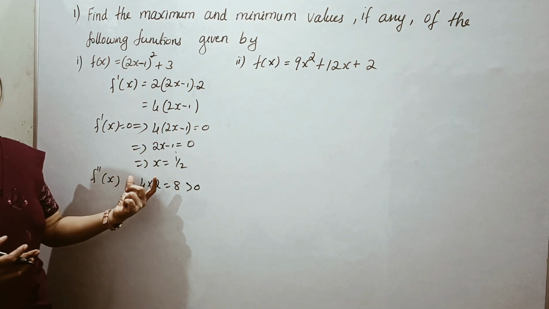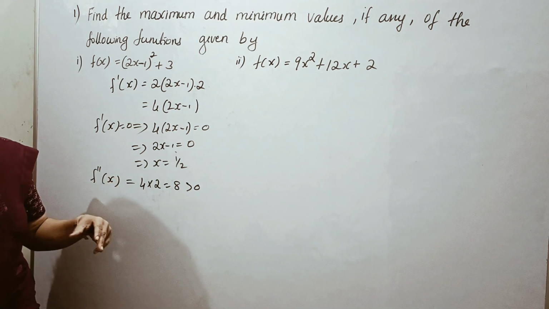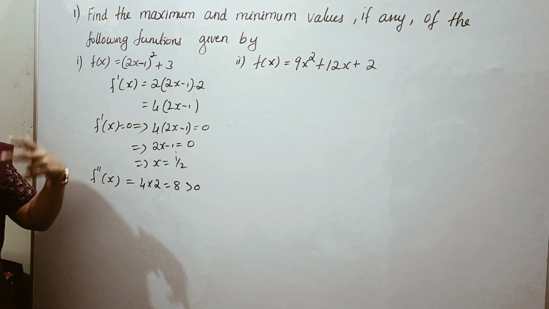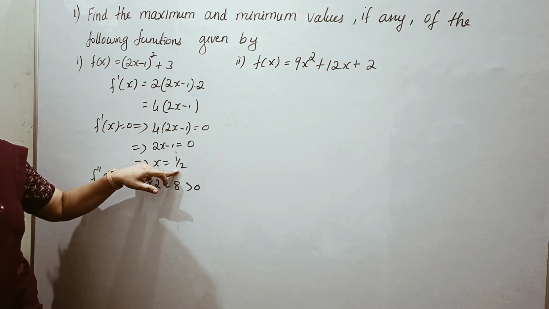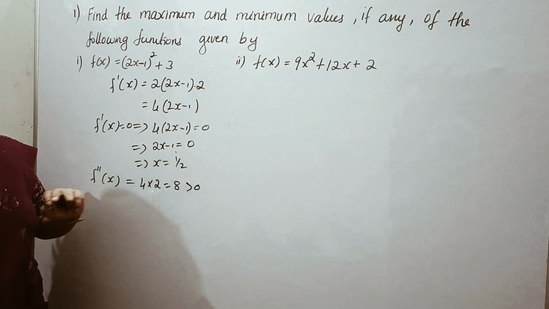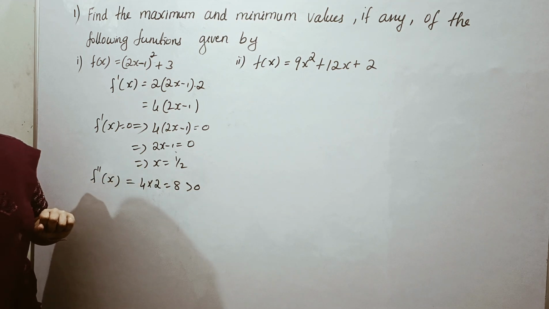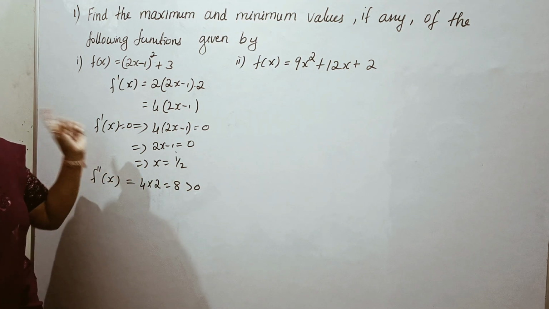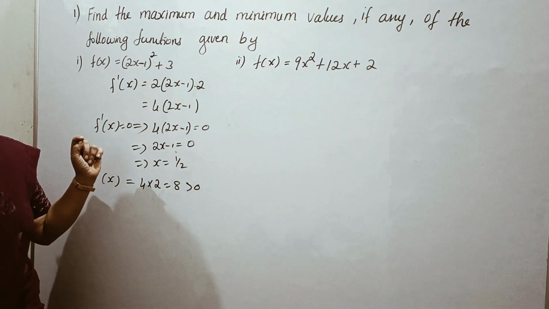See, we have got f double dash of x is equal to 8. That means f double dash of 1 by 2 is equal to 8. According to the second derivative test, see, what is our second derivative test? If f dash of c is equal to 0, here f dash of 1 by 2 is equal to 0, right? And f double dash of c, that is f double dash of 1 by 2, is greater than 0, then the given function has minimum value.